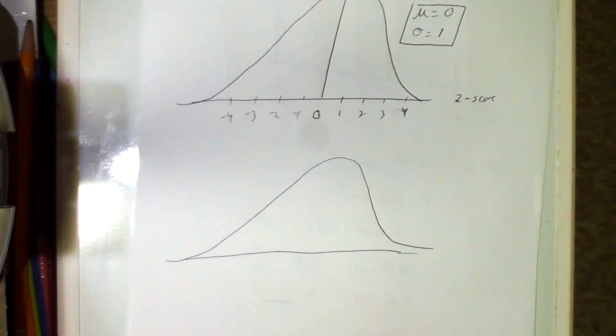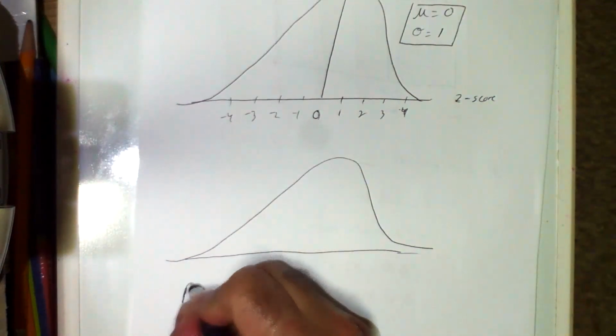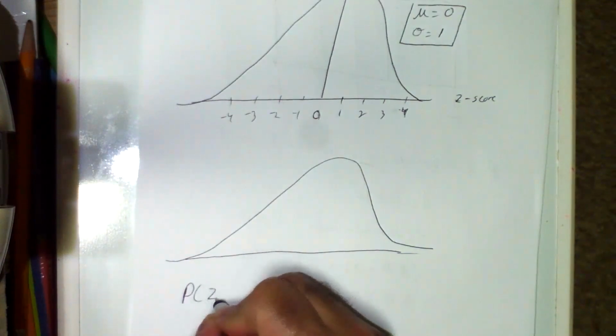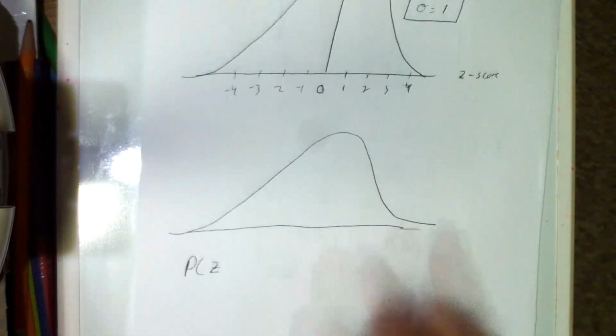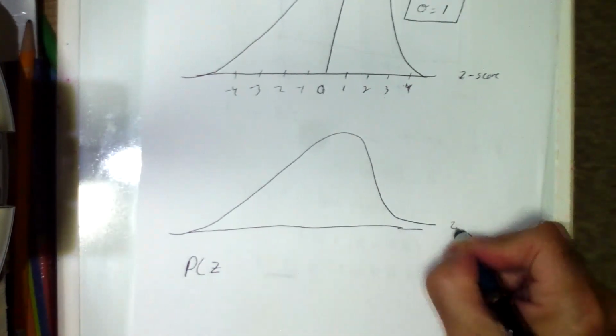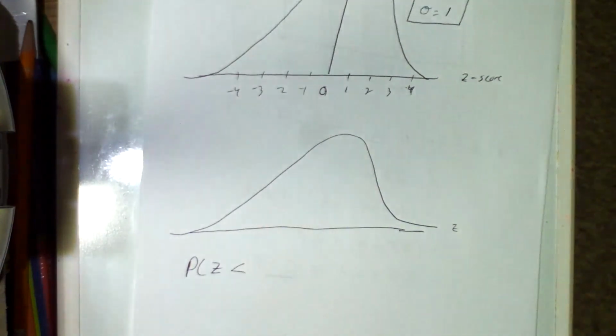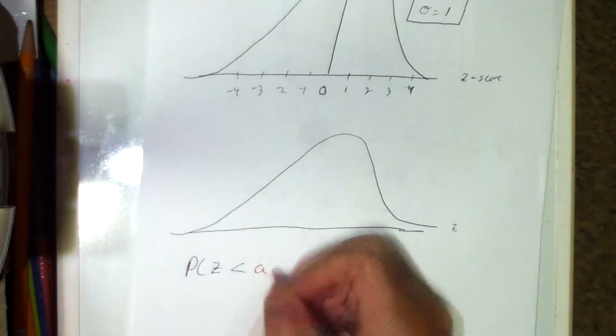The first one goes like this. The way they write probabilities is probability of Z, because that's a Z score, a Z scale, less than, and we're going to use A as a guide.